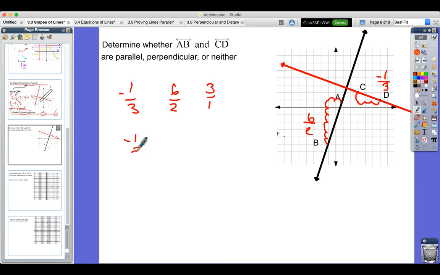Is negative 1 over 3 a negative reciprocal of 3 over 1? Yes, they are. So it is perpendicular. If their slope was exactly the same, negative 1 over 3 and negative 1 over 3, they'd be parallel. Neither would be any other version. If the first one was negative 1 over 3, and the other one was 7 over 2, or this one reduced to something else, they're neither parallel nor perpendicular.